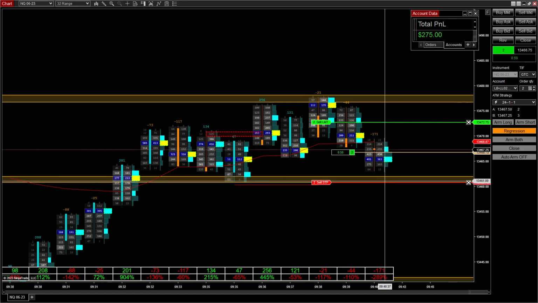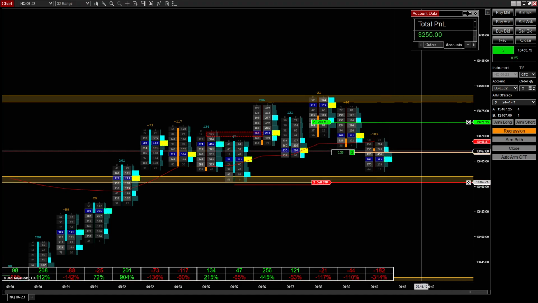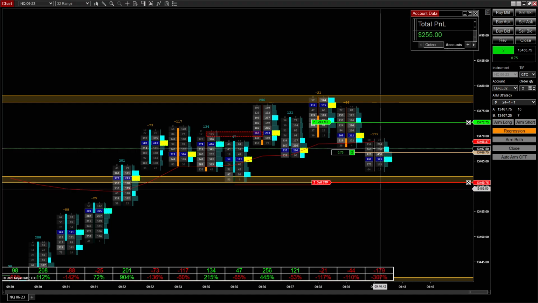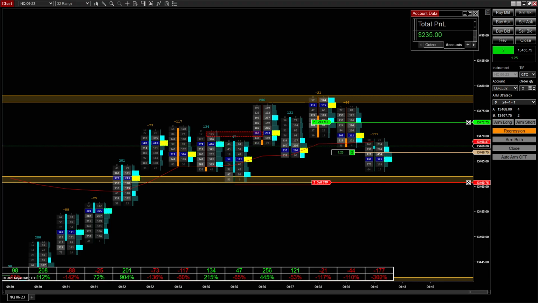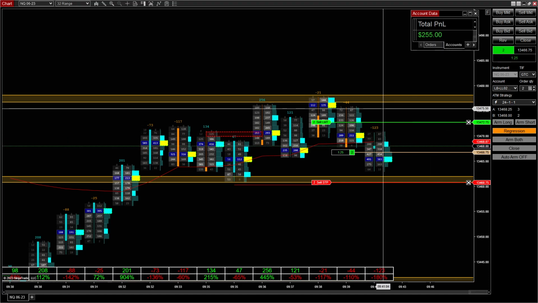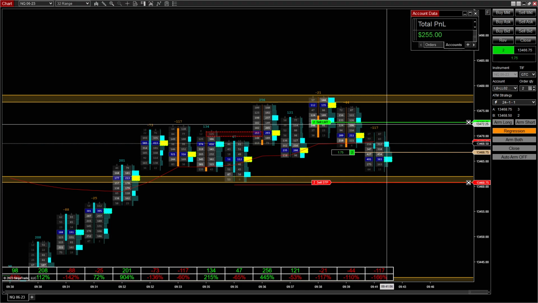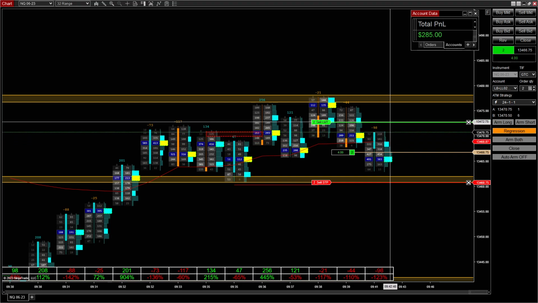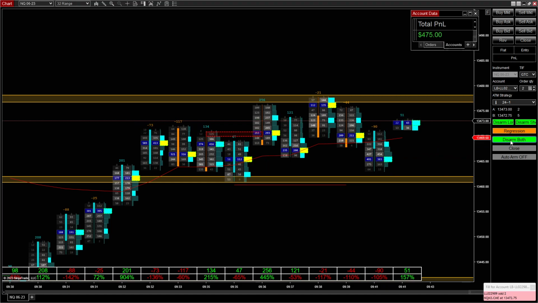If we break below, if we hit our stop loss here and move down, we're going to switch to trend mode, as I'm pretty sure we'd get a little bit of continuation to the downside if that happened. Target filled.